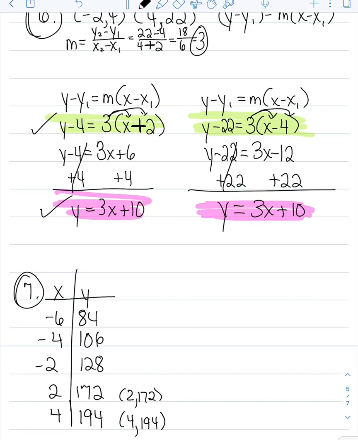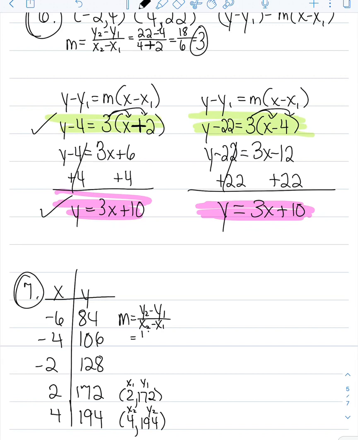So if I say write the equation of the line in point slope form, that means I need the slope and any point on the line. So the first thing I'm going to do is find the slope. y2 minus y1 over x2 minus x1. First x, first y, second x, second y.